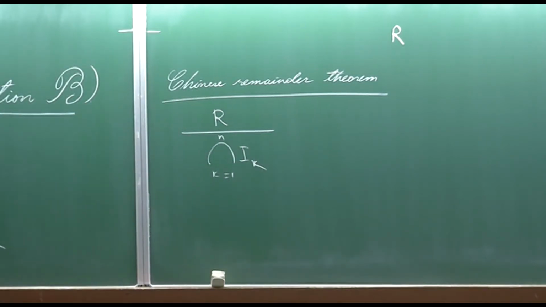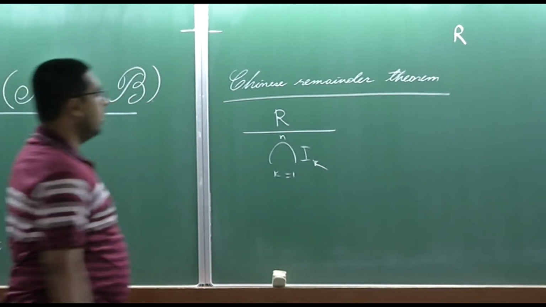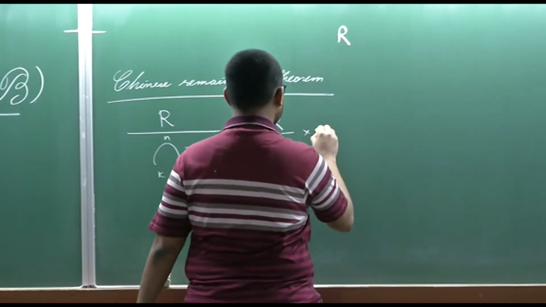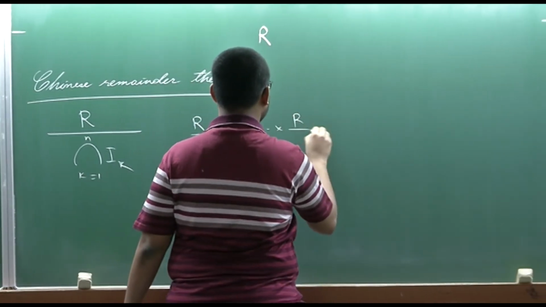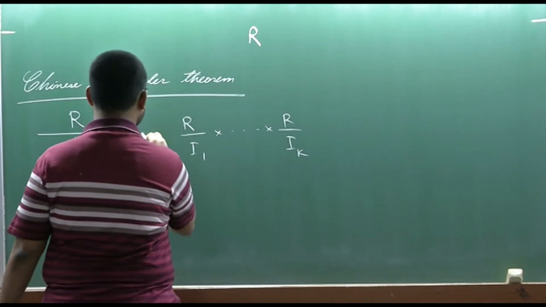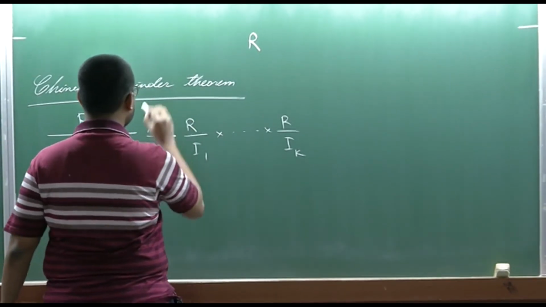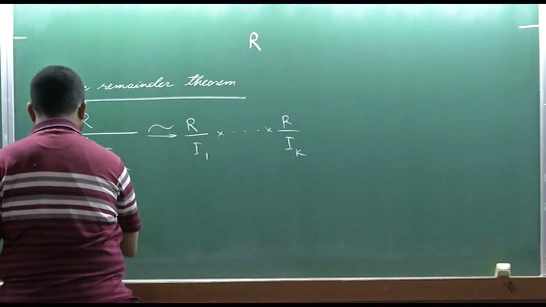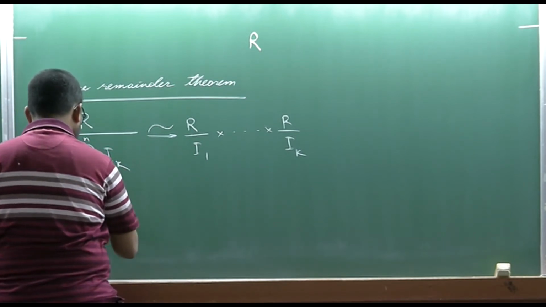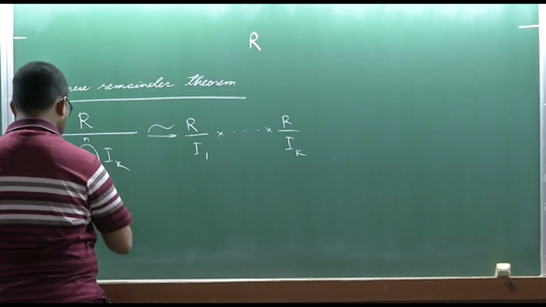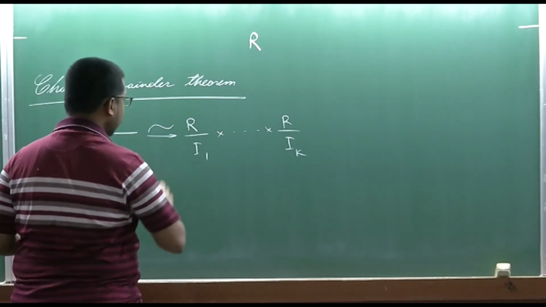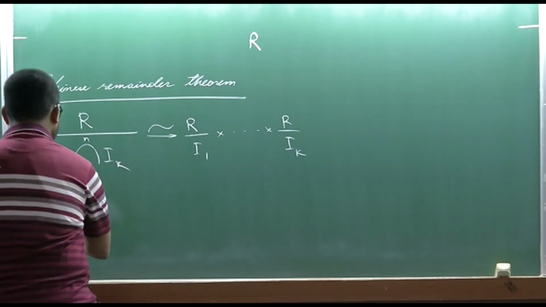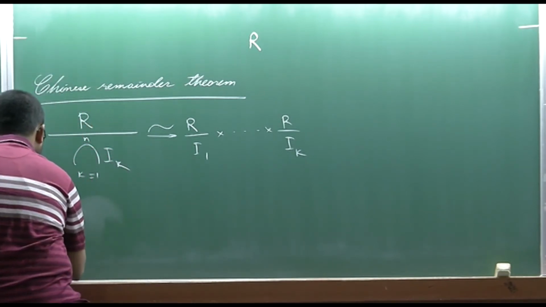Given this collection of ideals, this intersection is an ideal, and on the other hand for each i we do have this. So, the Chinese remainder theorem says that these two are isomorphic, and in fact the following. The isomorphism is also quite a natural one, so let me prove this directly.